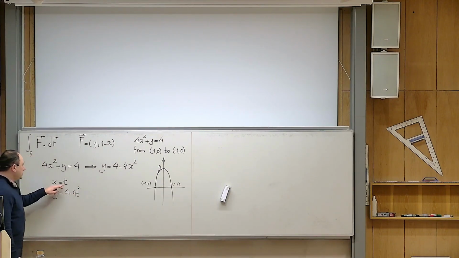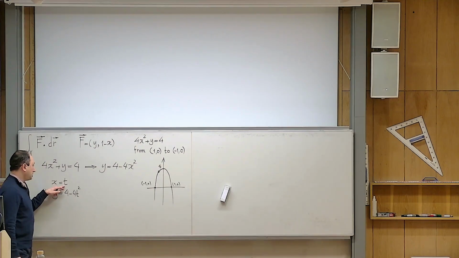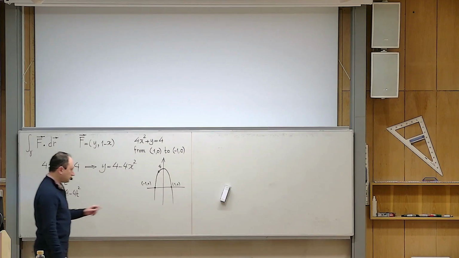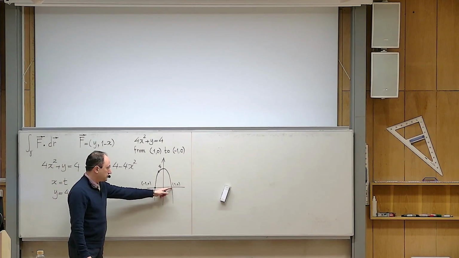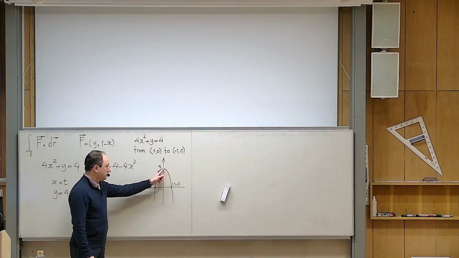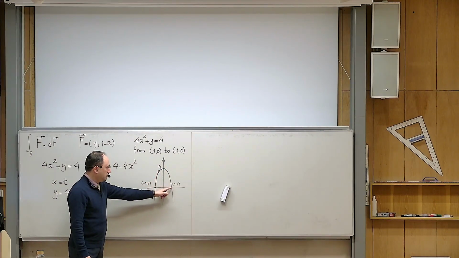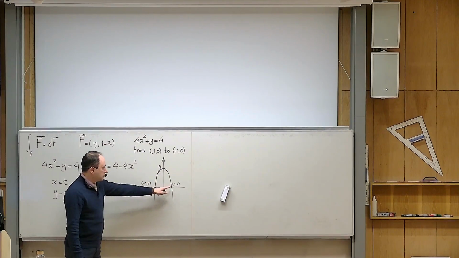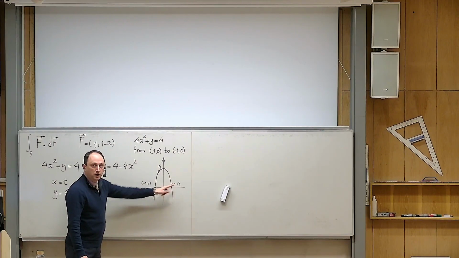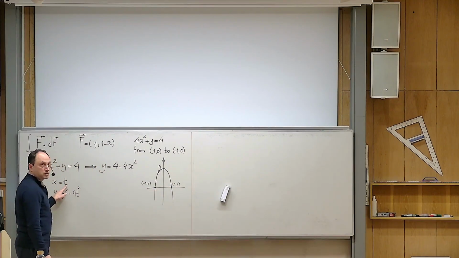But of course, you should also know the domain in which t is changing. If I start from this point, which is my starting point, and I traverse it in this direction, here t is 1. Why? Because when I am standing here, x is 1. When I plug it here, t is also 1.